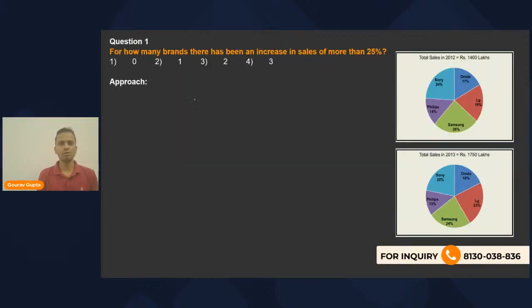Right now, again, I'll talk about Onida. Now, for Onida, the initial value is 17% of 1400 and the final value is 18% of 1750. Now, upon simplification, I can write the first calculation as 17 multiplied by 4 if I cancel out the common factors, and the second calculation is 18 multiplied by 5.